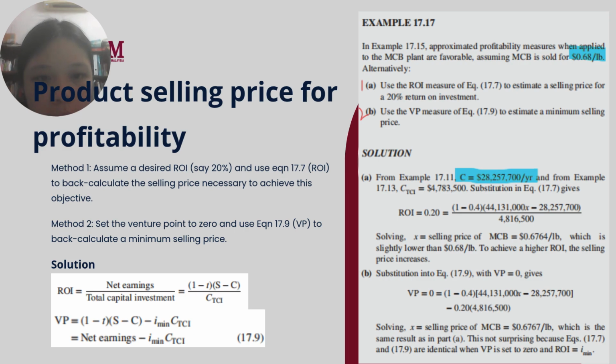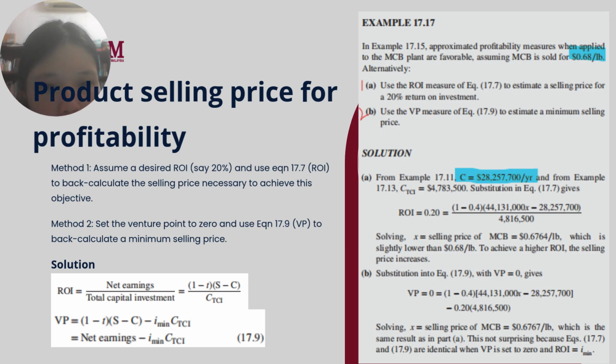As you can see here, the C, which is the annual production cost, is already given, which is 28.257 million per year. We just have to substitute all the values into the formula of ROI, estimating the ROI equals 20%. The S, the sales revenue, is 44.131 million, and X is the unknown value we are going to find.